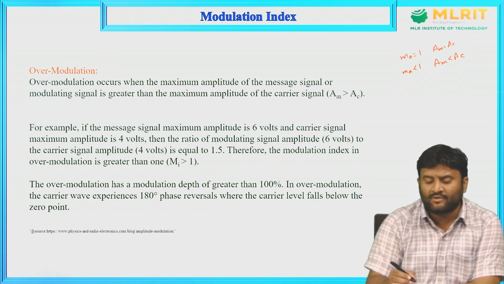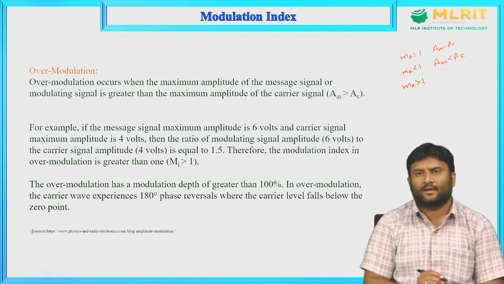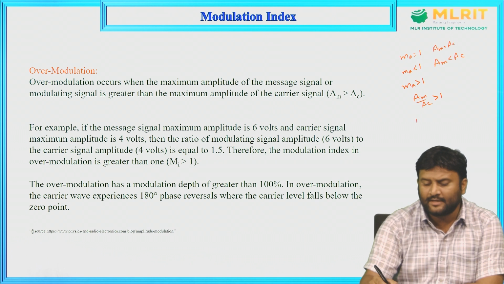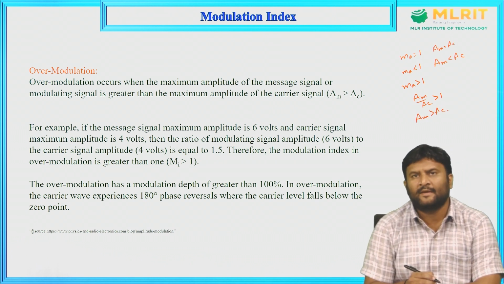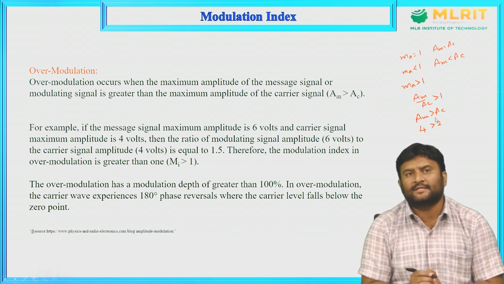What does over modulation mean? MA is greater than 1, nothing but AM by AC is greater than 1, nothing but AM is greater than AC. The message signal amplitude should be greater than the carrier signal amplitude.